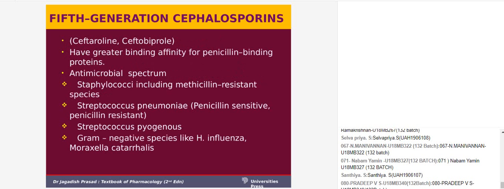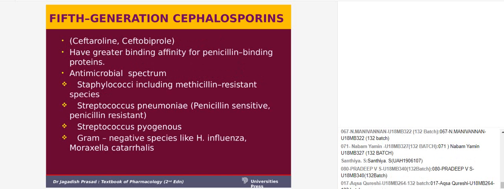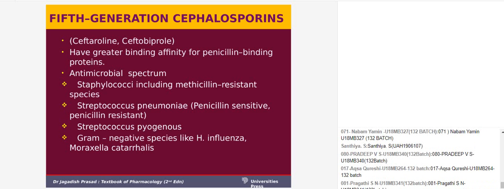And the fifth generation cephalosporins, we have ceftaroline and ceftobiprole, which were developed and are found to be effective against streptococci, including methicillin resistant species, and penicillin sensitive, penicillin resistant, multi-drug resistant organisms.